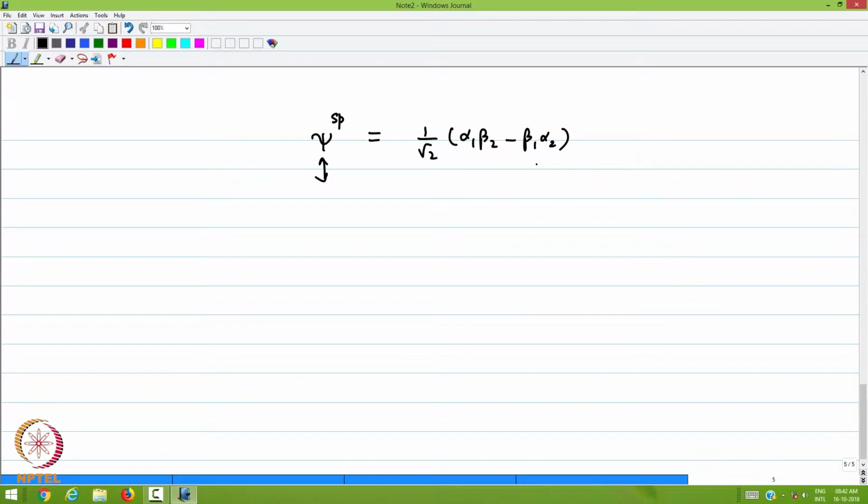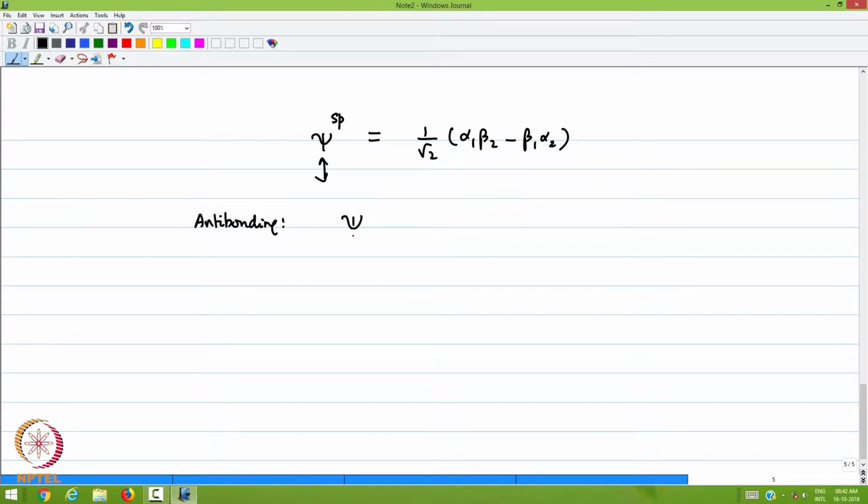The spatial part remains the same, the spin part changes with the minus sign, and therefore, the overall wave function changes with the minus sign. That is acceptable.